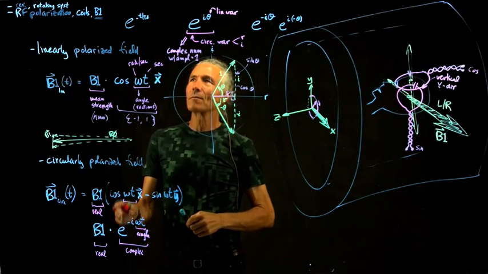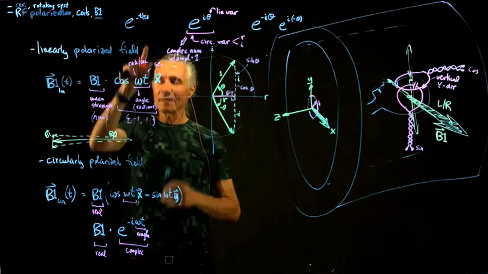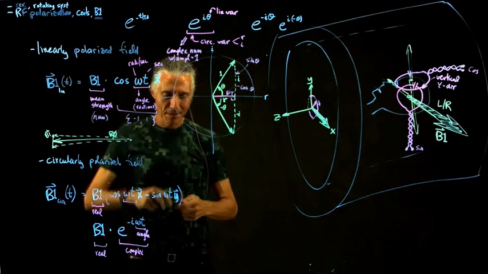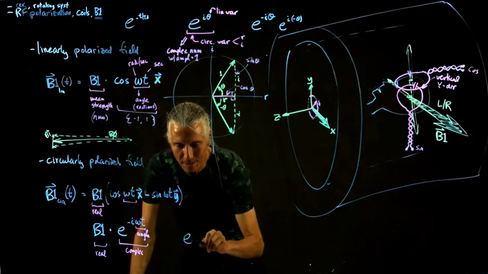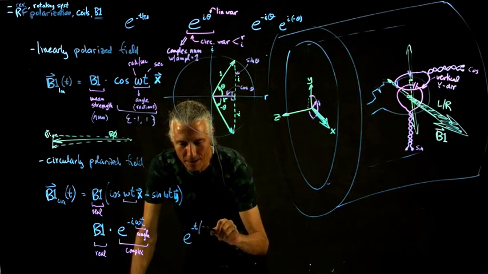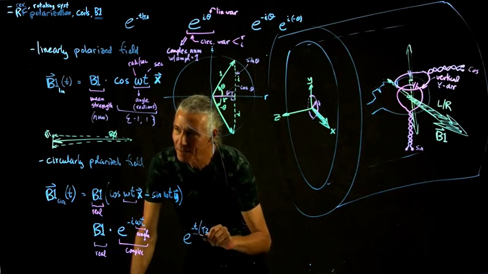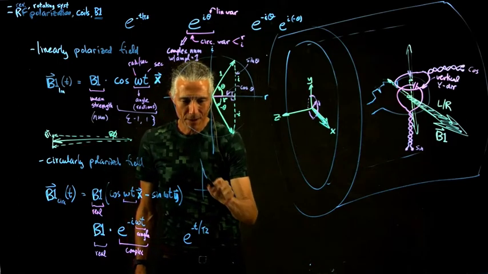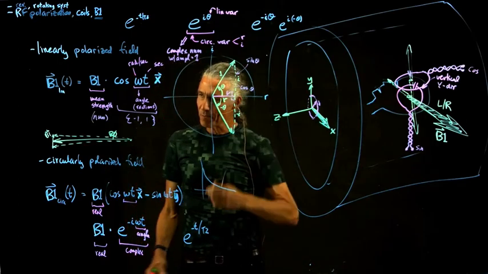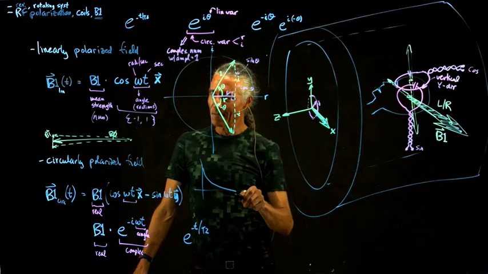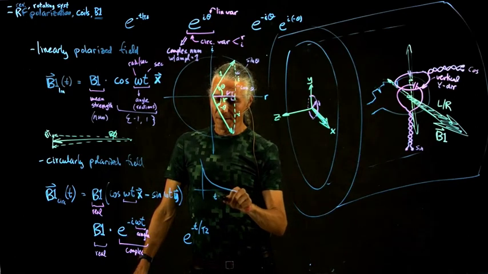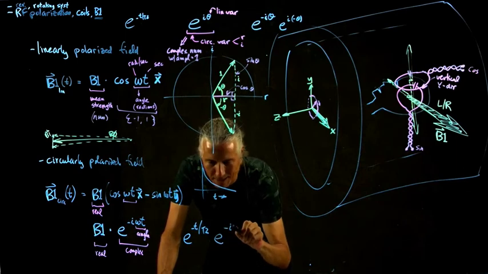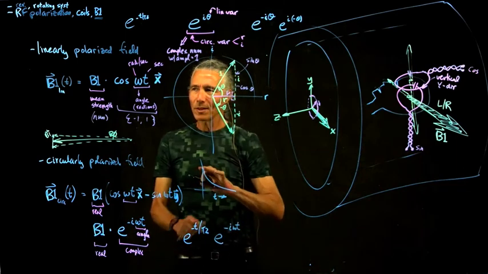So when you see something like this, it's a completely different mental operation than something like this. When you see something like this, you're thinking, oh, exponential decay. That means something that falls off. That's what should pop into your mind, an exponential decay over time. When you see something like e to the minus i omega t, now you have to think something completely different.